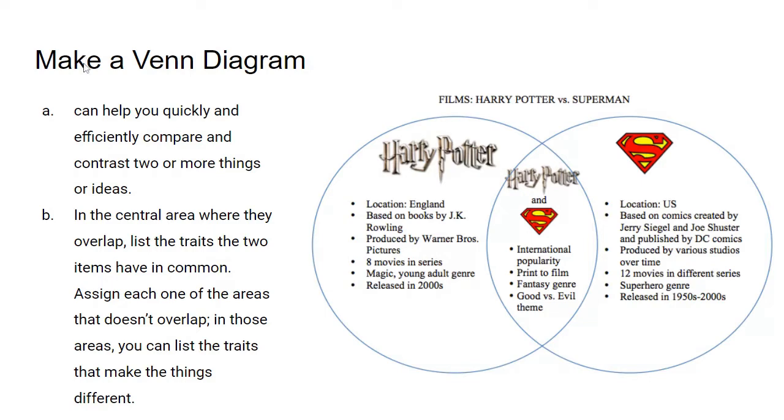For example, both Harry Potter and Superman have achieved international popularity. Both started off from print to film, both have a good versus evil theme, and the genre is fantasy. So you can immediately see the differences, and also the similarities.